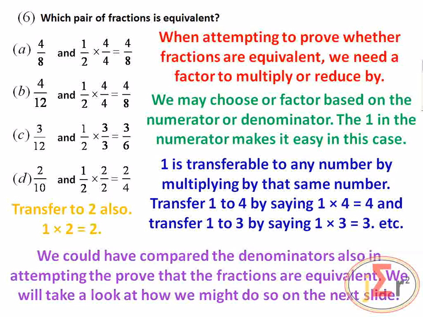Because if we have 10 and the other one is 1, what do we multiply by? 10. And if we have a numerator of 1 and the other one has a numerator of 7, what do we multiply by? 7. That's easy. We will take a look at how we might compare the denominators on the next slide.